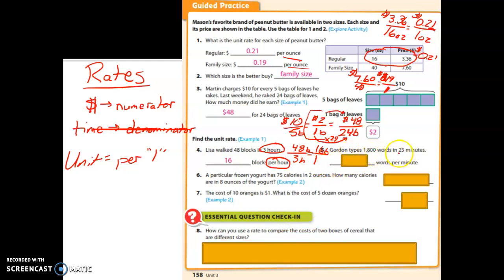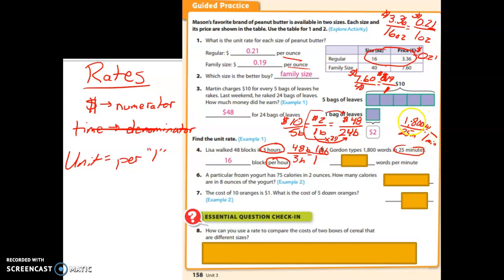Gordon types 1,800 words in 25 minutes. There's our time, right? Think back to over here. Time's always our denominator. So we got 1,800 words in 25 minutes, and we want to know, well, how many words in 1 minute? So I'm letting you use a calculator.